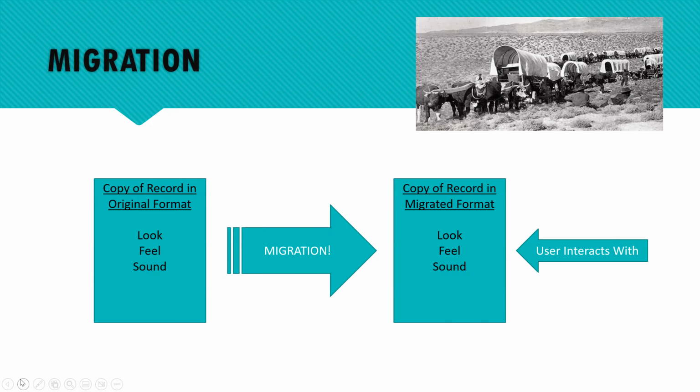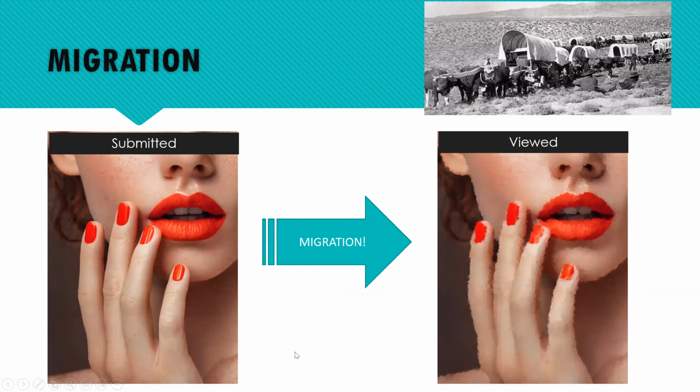And so it may be an instance where the changes to the records are fairly insubstantial. So if you're going from a TIFF file to a JPEG file, there might be some overall loss of quality. The picture might not be as sharp, the colors might change, but at the end of the day, it might not be that big of a change.